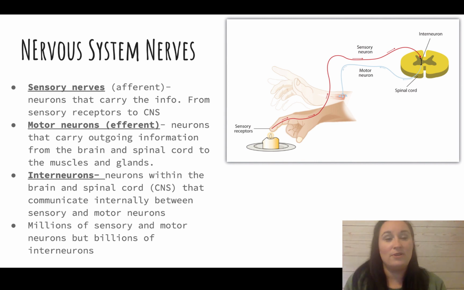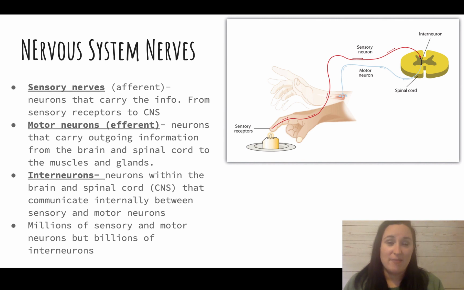So when we're talking about how they communicate with each other, there are different types of nerves. There are 3 different types that you need to know for this class. Let's take an example of touching something hot, like a candle. First, your sensory neurons would get this, and they would carry that info from your fingertips towards your central nervous system.